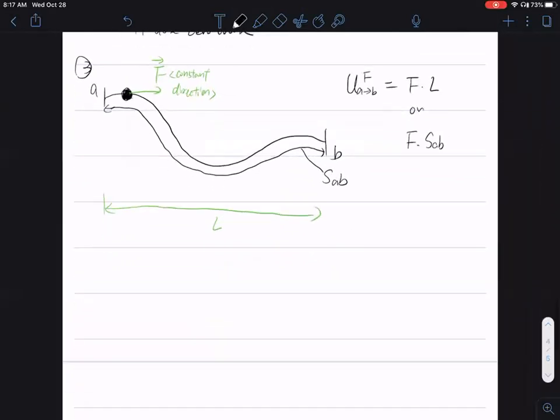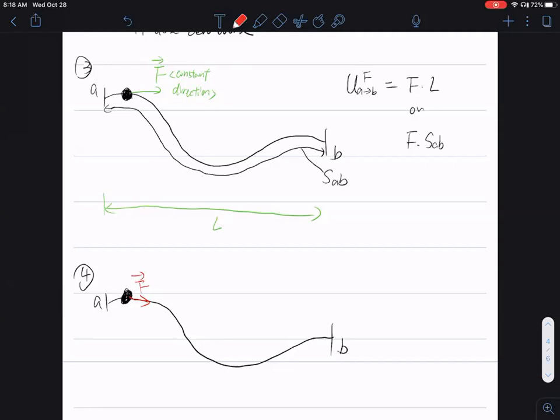Now let's talk about another case. Case number 4, same thing, we have the same curved path A to B and the same particle. Now how we apply the force is a little bit different. The force here in case number 4 is not constant. The direction of that force is always along the path.